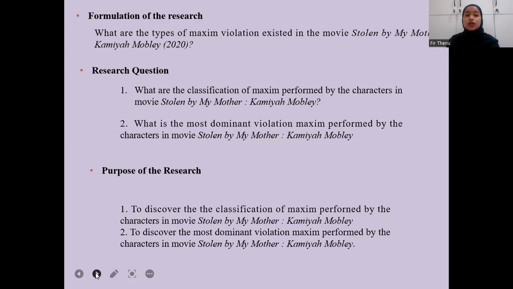The researcher aims to find the classification of the violation of maxims performed by the characters in the movie Stolen by My Mother: Kamiyah Mobley, and to discover the most violated maxims performed by the characters.